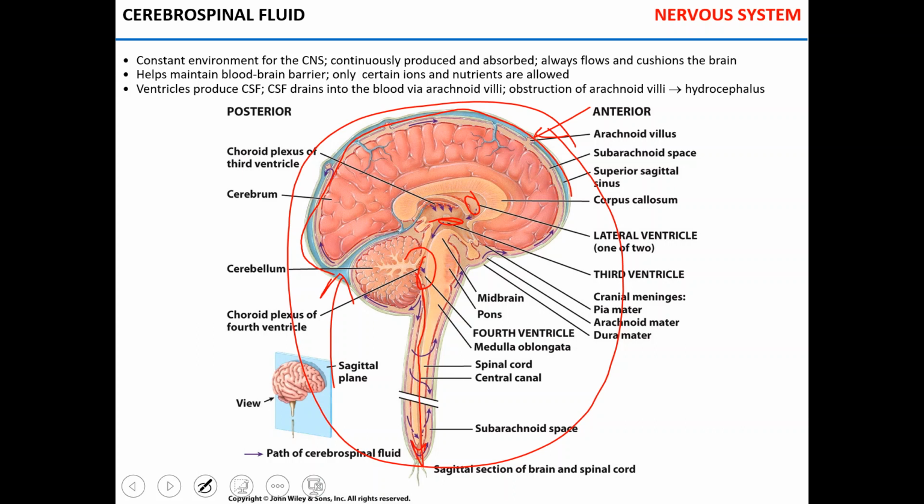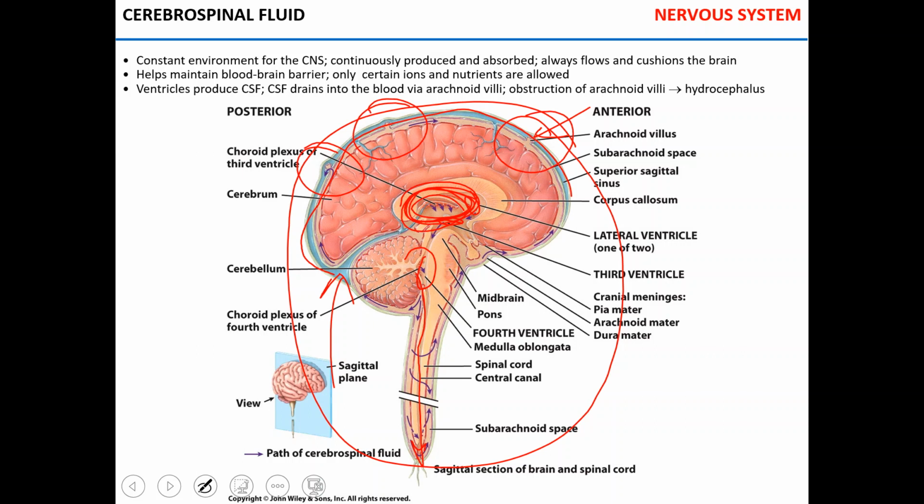Importantly, cerebrospinal fluid is constantly produced by so-called choroid plexuses. You can see one of the choroid plexuses here on the picture, and it is drained into the arachnoid villi. Here, here, and here are arachnoid villi.